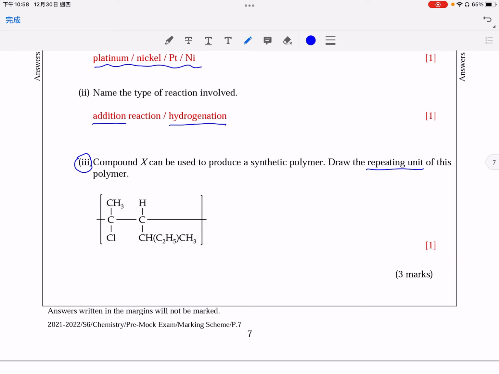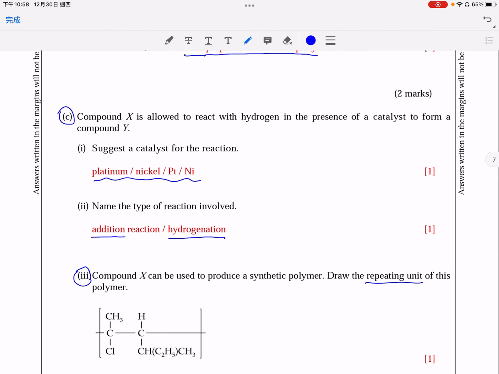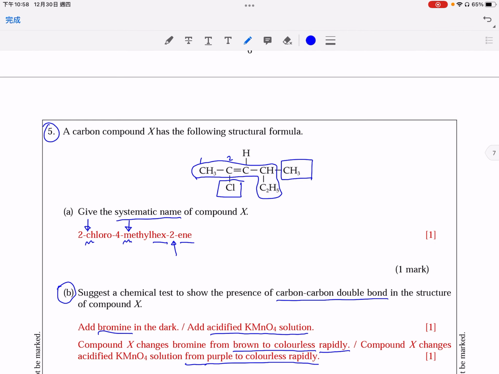First of all, make sure you can extract the information from the structure of the monomer. And what you are doing is to locate the C=C double bond, and then the other 4 groups. This is the first one, number 1, number 2, number 3, and number 4.